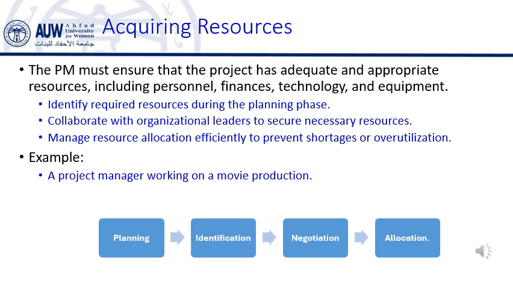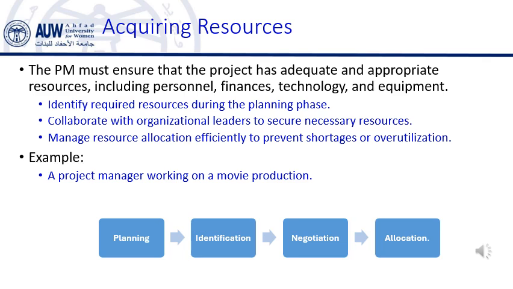Risk management. Securing the right resources is also part of managing project risks. If resources are unavailable, it could lead to delays or increased costs, which is a potential risk to the project. We'll dive deeper into risk management in later lectures, but acquiring resources effectively helps minimize some of these risks upfront.